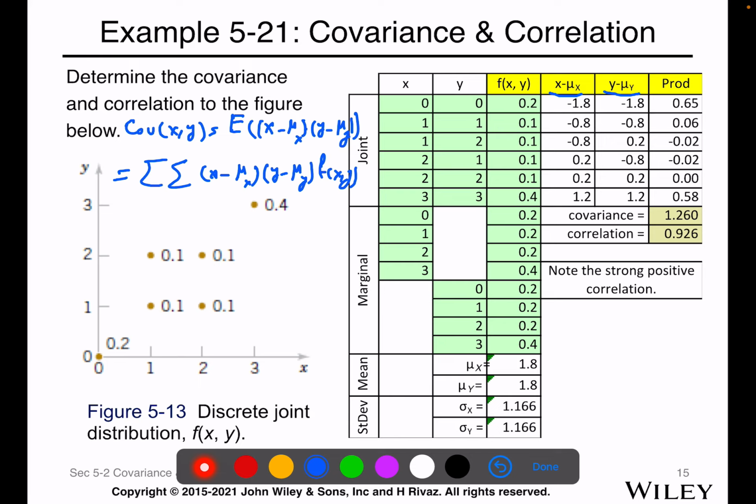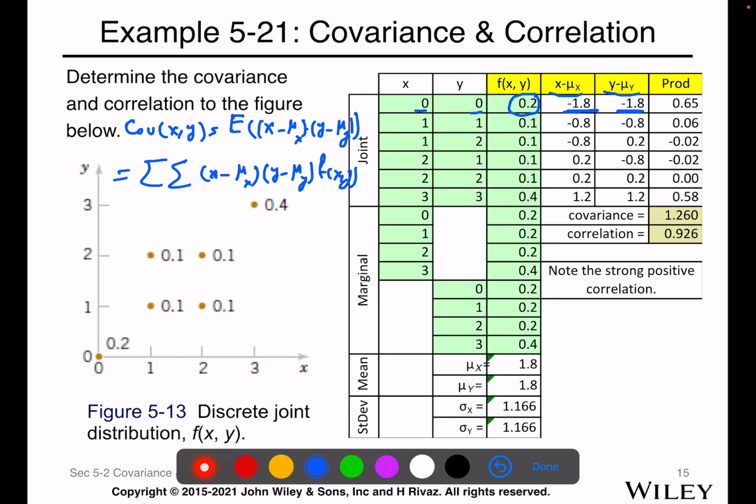So for x equal to 0 and y equal to 0, x minus mean of x is going to be minus 1.8 because mean of x we calculated, oh, actually it's here, it's 1.8 and 1.8. And then I compute the product of these two guys, right? So 1.8 times 1.8 times 0.2, right?